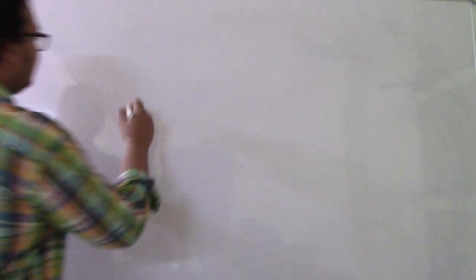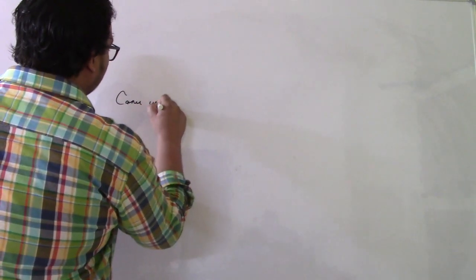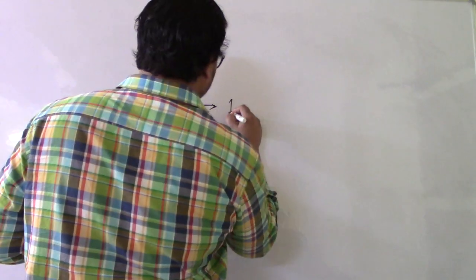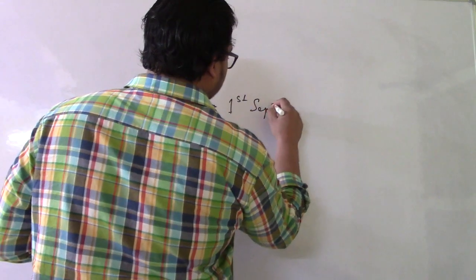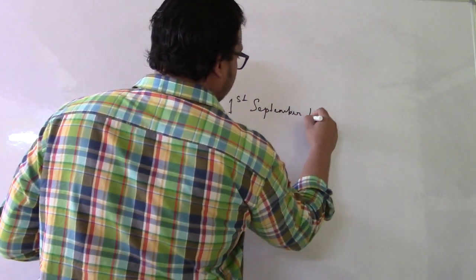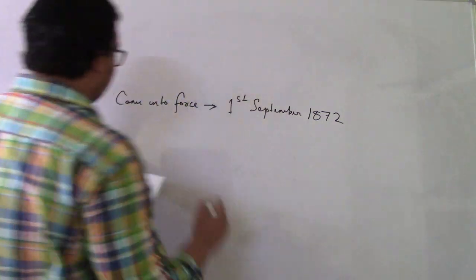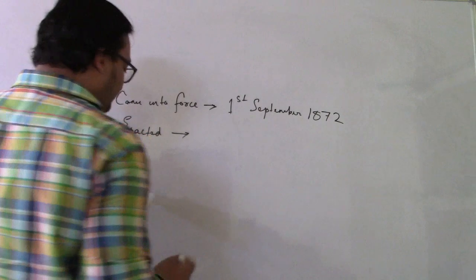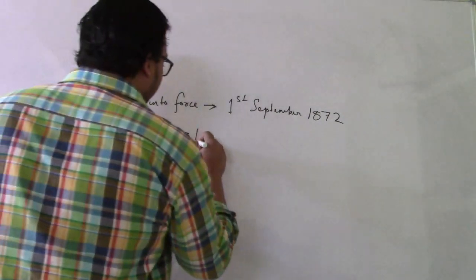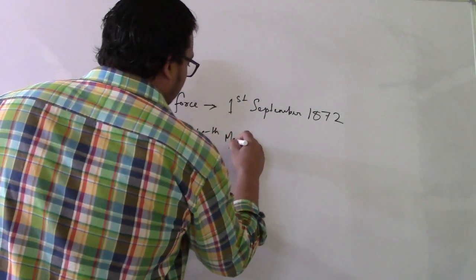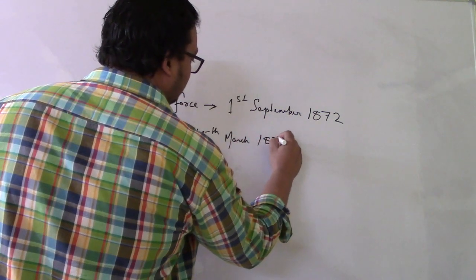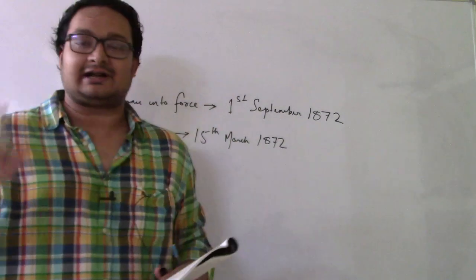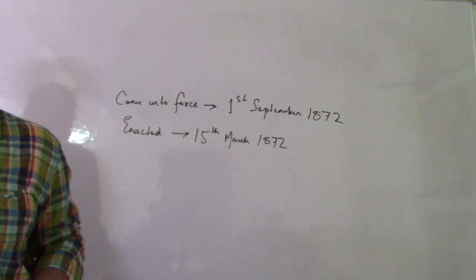The date it came into force is 1st September 1872. Enacted: 15th March 1872. Now just also remember that even the Indian Contract Act came into force on the same date.